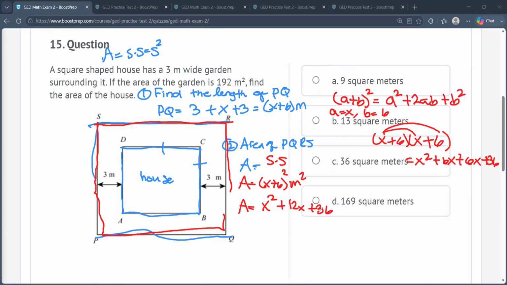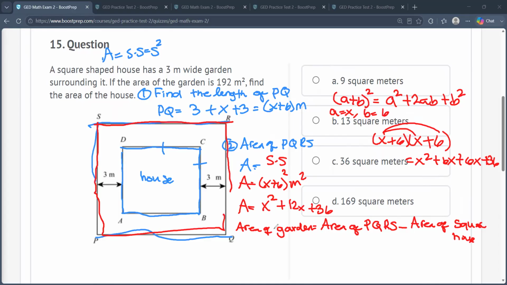Then what we're going to do is find the area of the garden. All you've got to do is find the area of PQRS minus the area of the square house. So do we know the area of the garden? I think so.